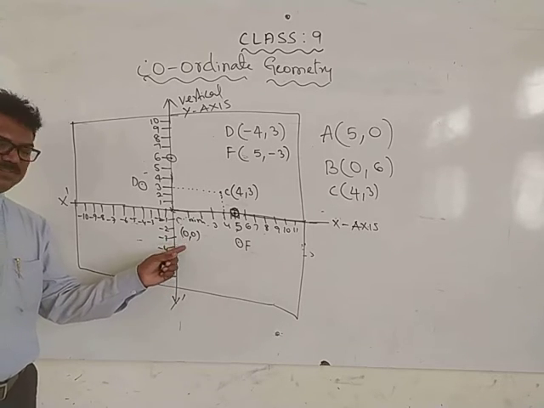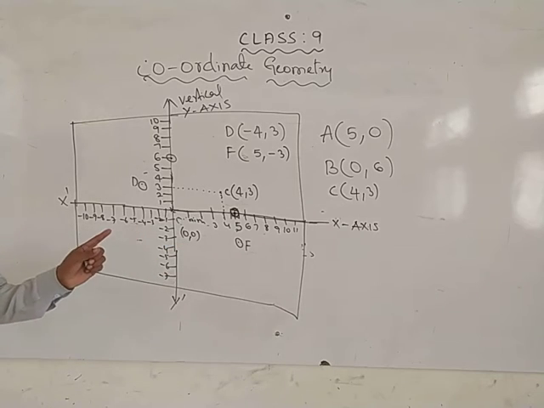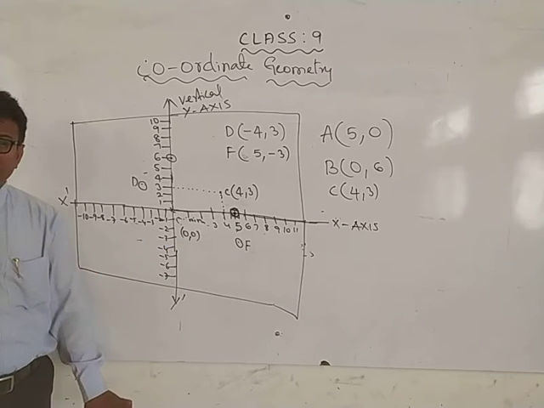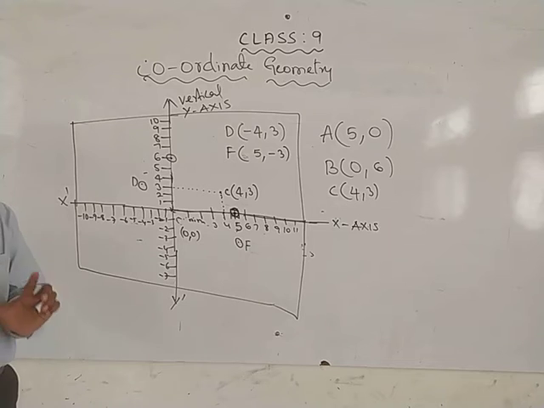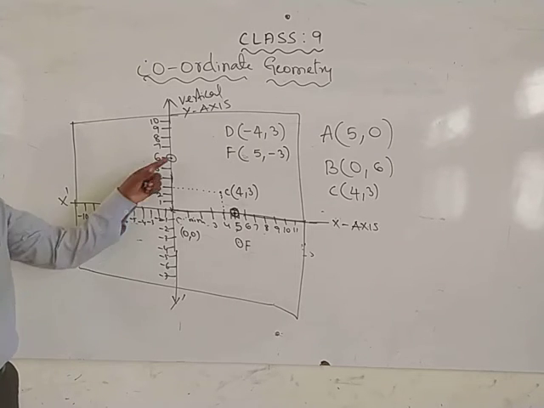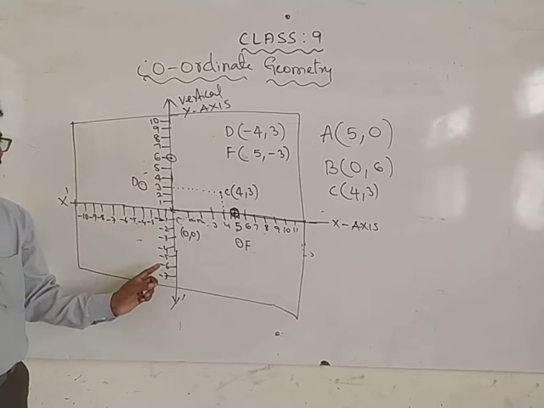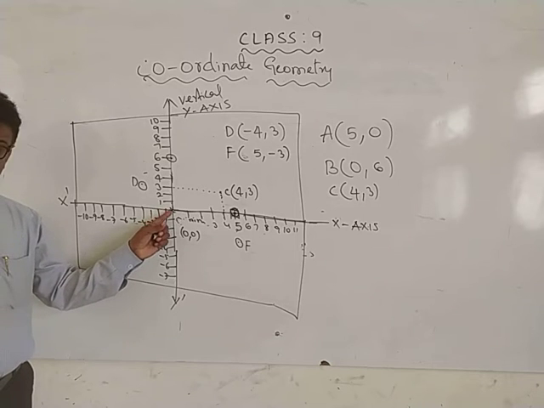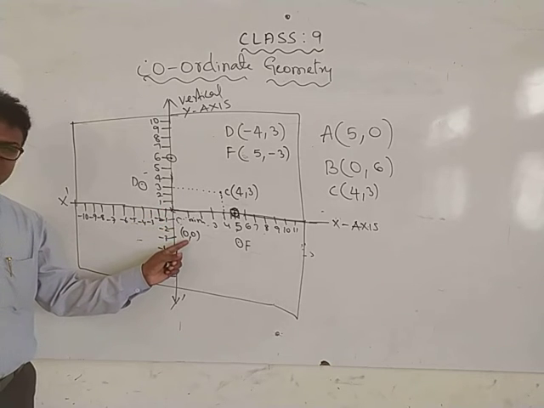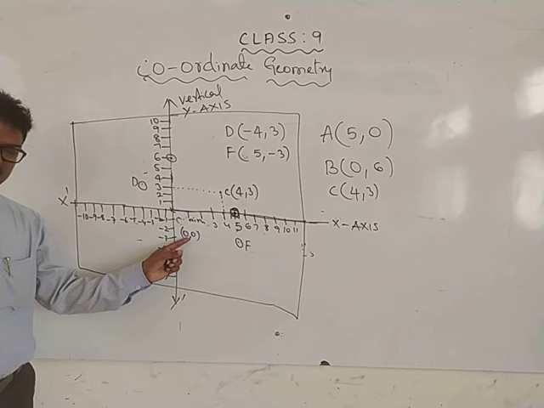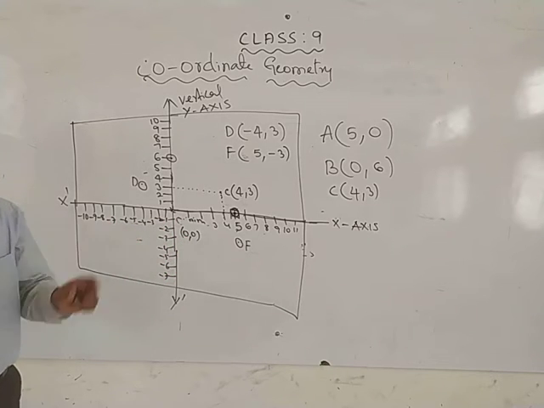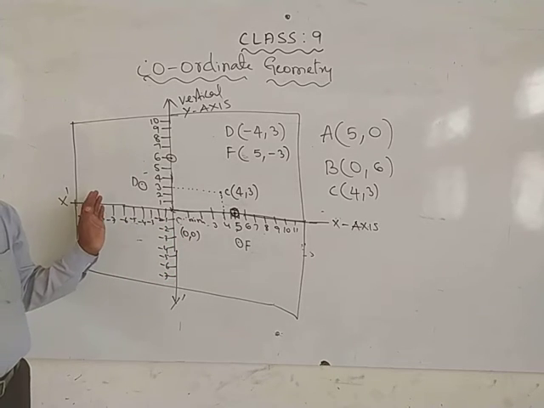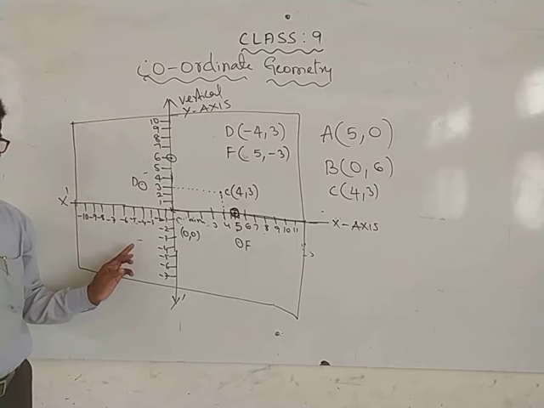What is the answer? 0, 0. Origin means both are neutral, a starting point, where these 2 lines intersect. That point is known as the origin. What are the coordinates of the origin? 0, 0.